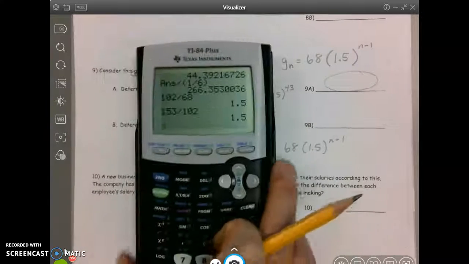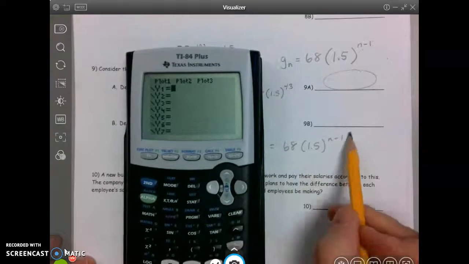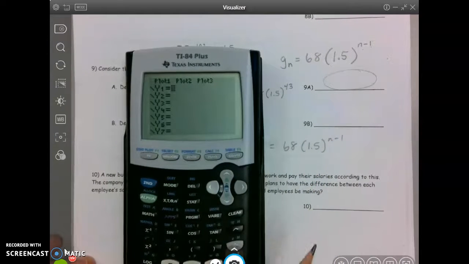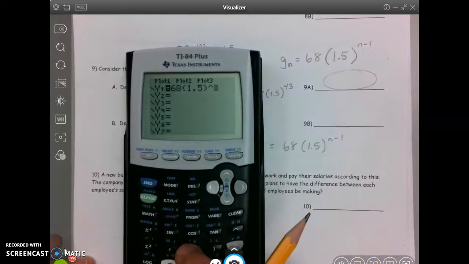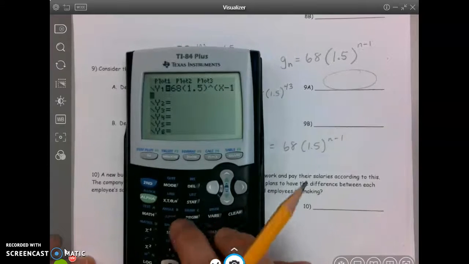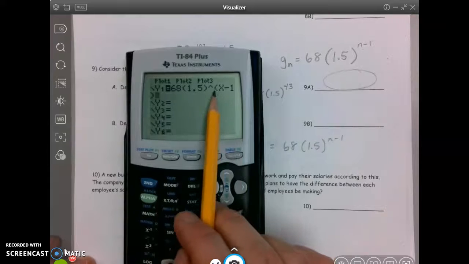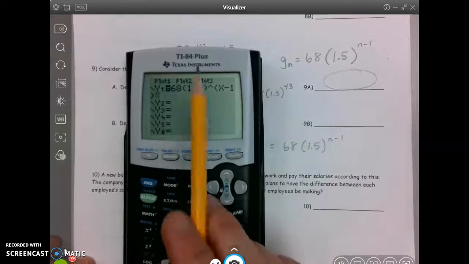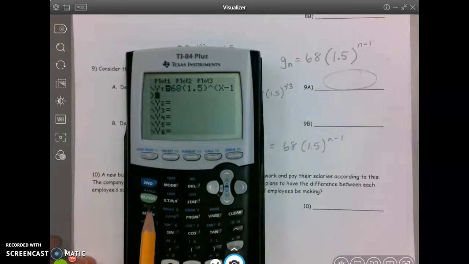So I'm going to go to my calculator and type this formula into y equals. And I do need to put parentheses around this x minus 1, because I don't want it to be to the x and then subtract 1. I need to make sure I protect that exponent with parentheses.